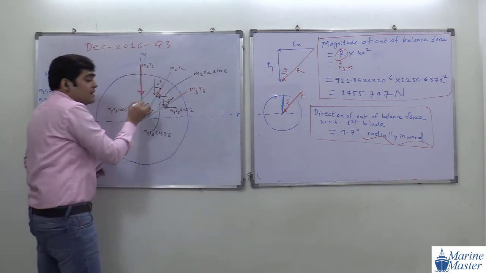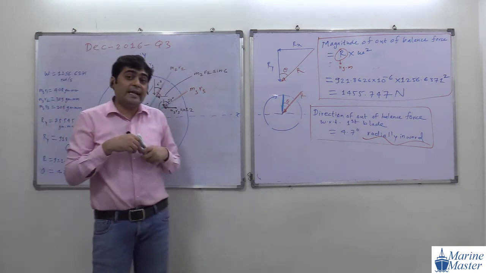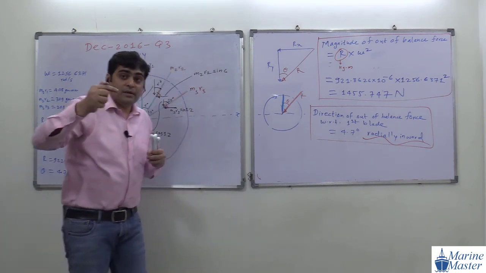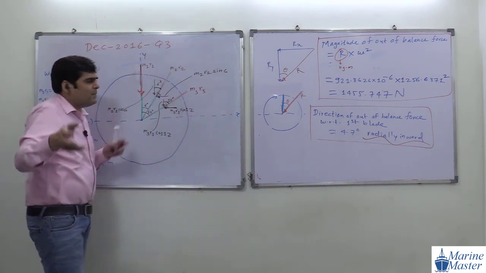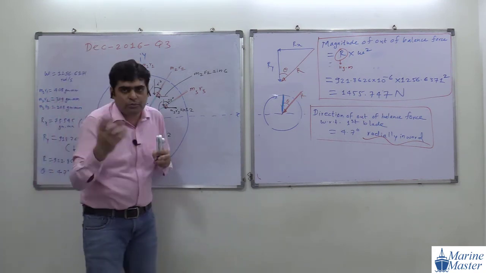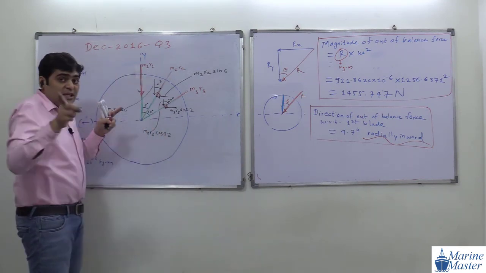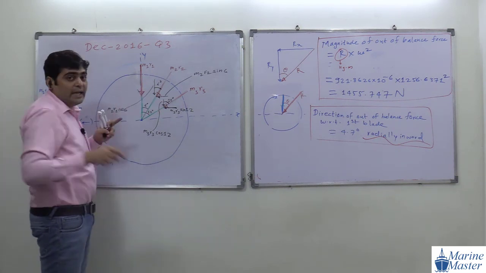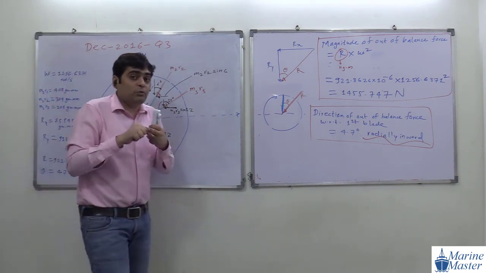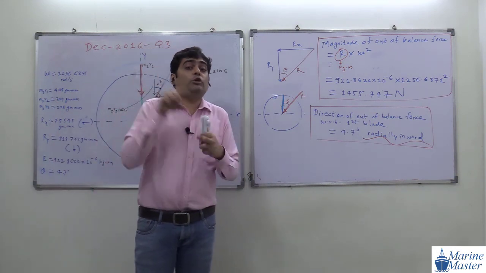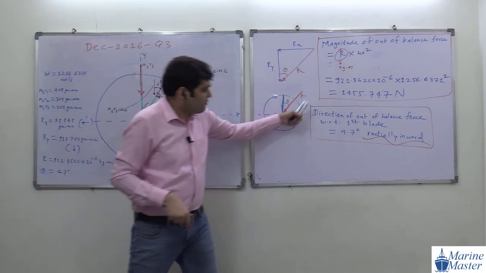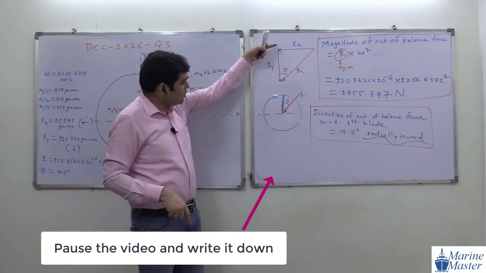Because in earlier questions we were adding mass on the disc, but here we are removing mass. Mass is removed because the blades are damaged. Because of the damage, mass gets removed from 3 consecutive blades. That's why the centrifugal force is radially inward, and if the centrifugal force is radially inward, then the out of balance force is also radially inward. That's why we are mentioning it like this.